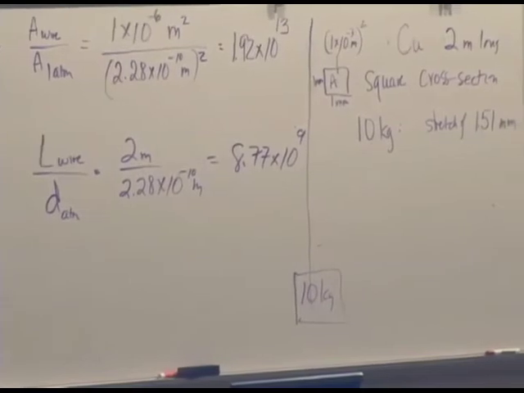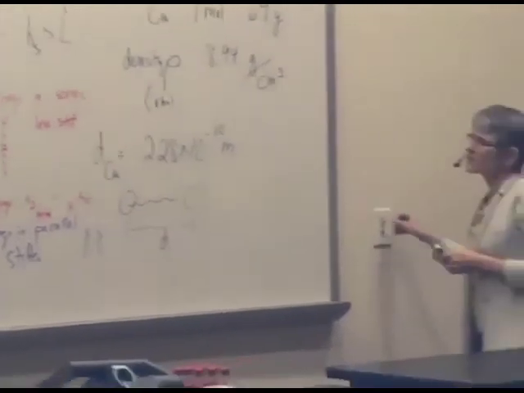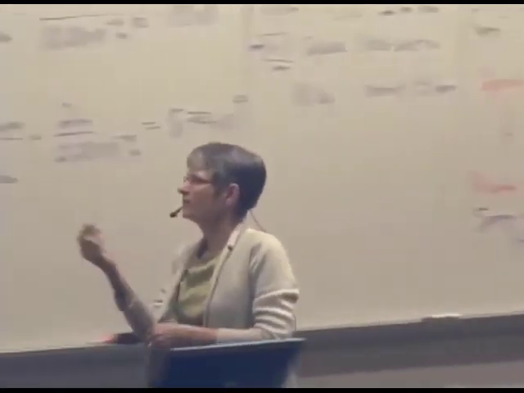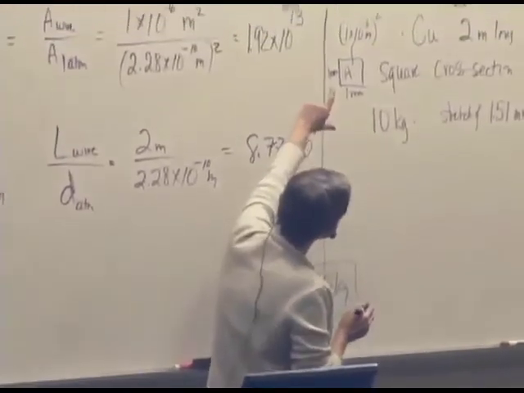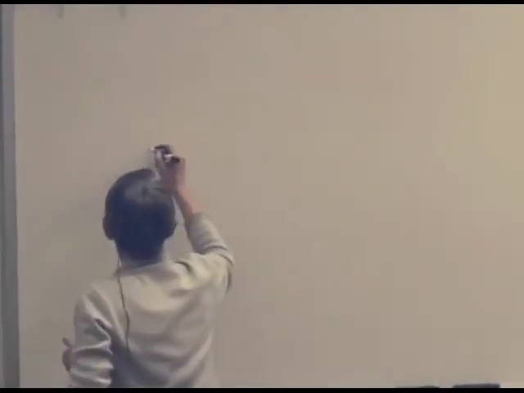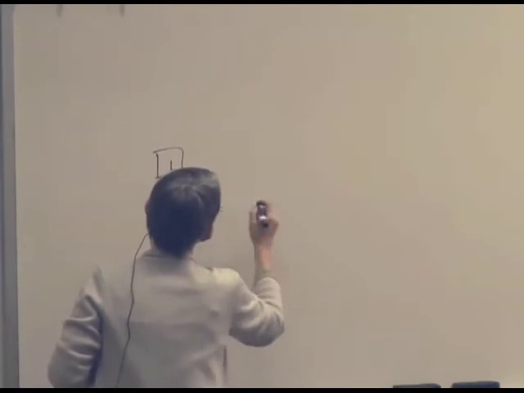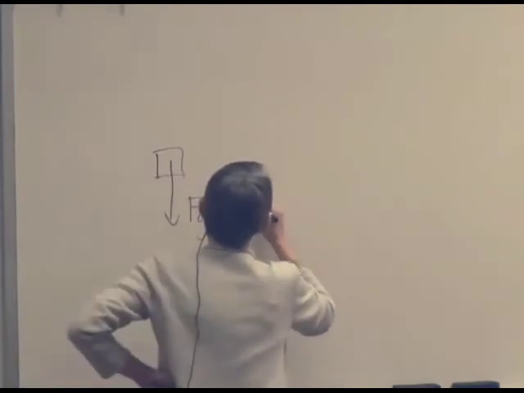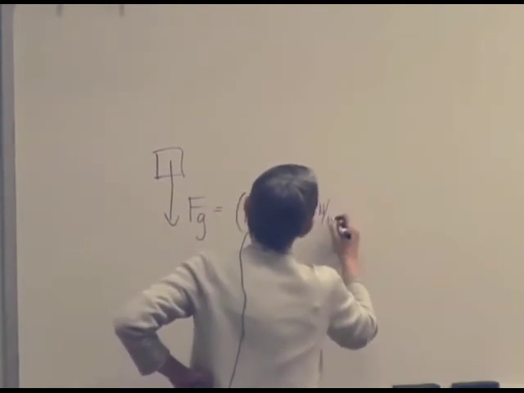So now let's think about the stiffness of the whole wire. When it was supporting a mass of 10 kilograms, it stretched 1.51 millimeters. So here's the gravitational force, the magnitude was 10 kilograms times 9.8 newtons per kilogram.